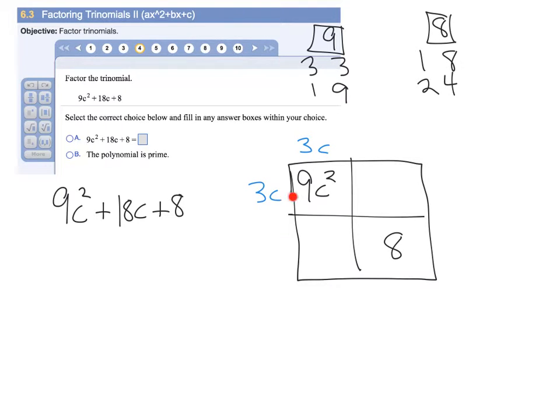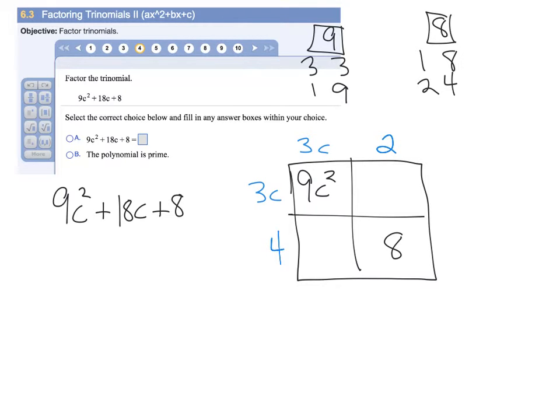And that, of course, gives me the 9c squared that I want. So now over here, what do I want? Well, I'm going to start with the numbers that are closest to each other, 2 and 4. And so it's a guessing game as to where we're going to put the 2 and where we're going to put the 4. So let's put the 2 here and the 4 here, just because it's a total guess on my part.